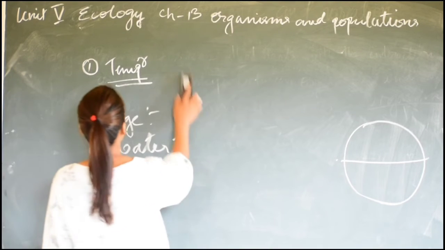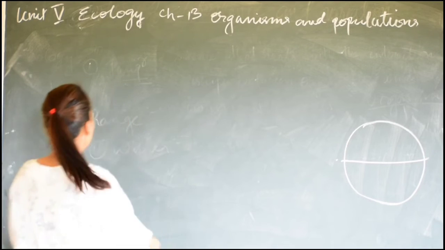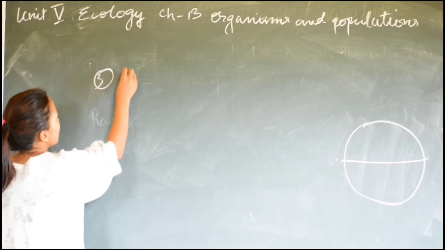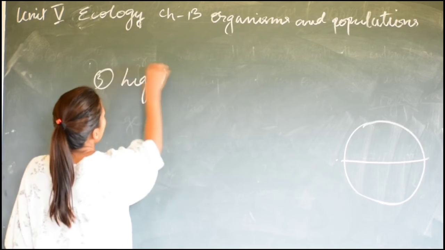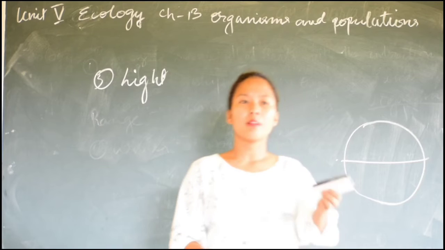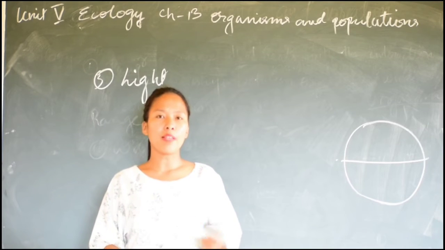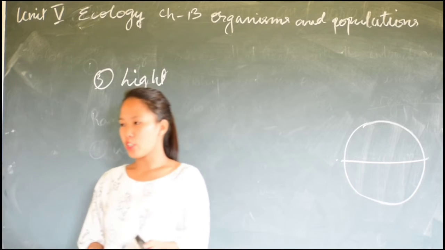The next abiotic factor is light. Light is also very important for organisms. As we all know, plants perform photosynthesis using sunlight, so for most photosynthetic plants, light is very important.